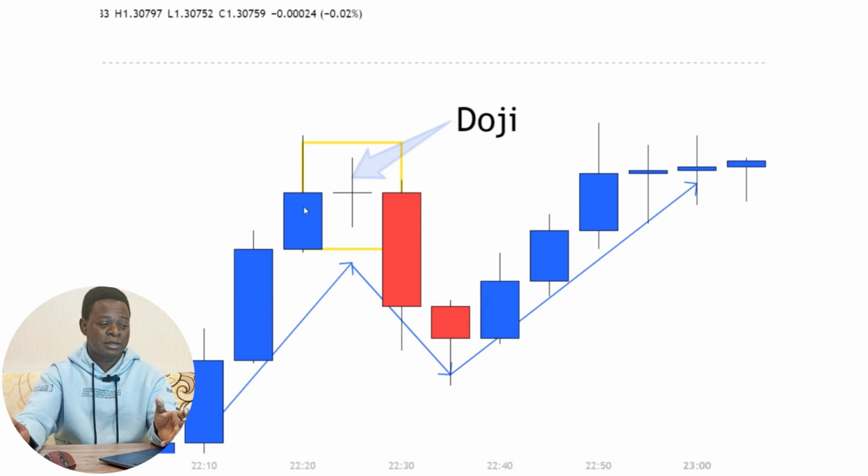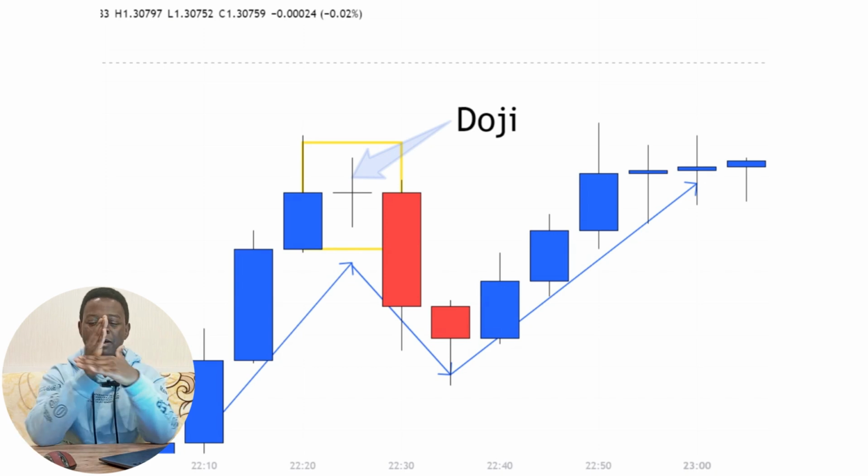And then the sellers are like, well, the price looks quite cheap, and we think more buyers may step into the market. So the buyers come back into this market and push the market all the way to the opening price. So in the end, the opening price is equal to the closing price. So we have something like this.